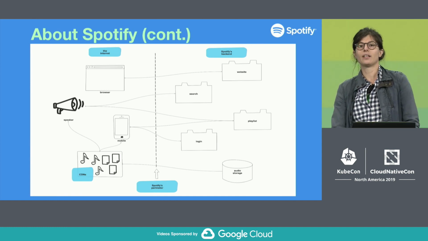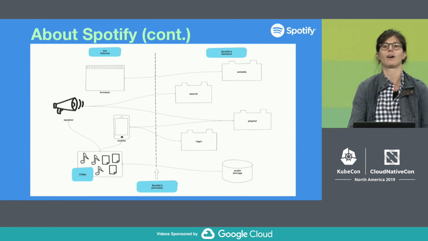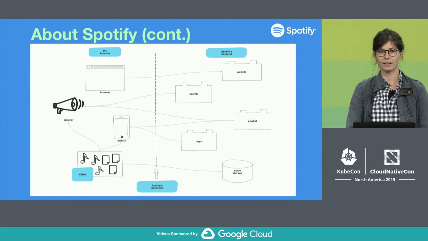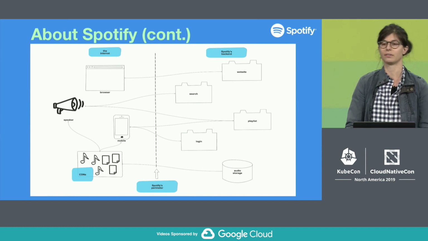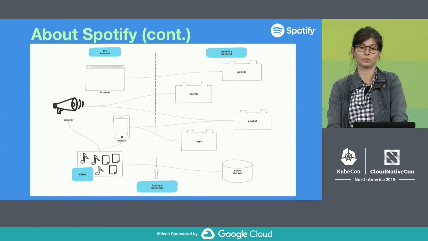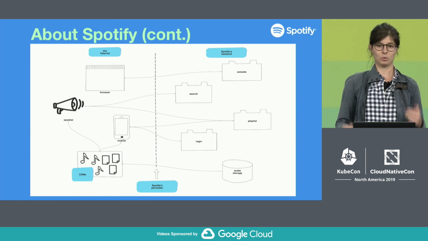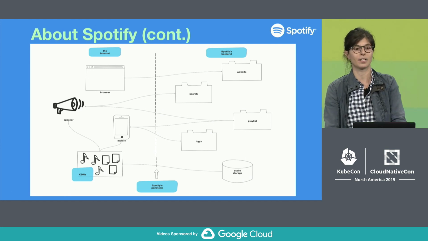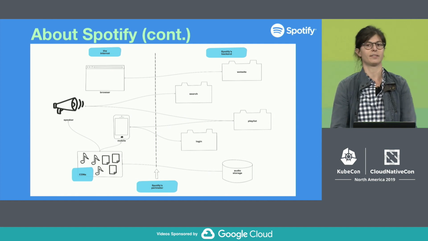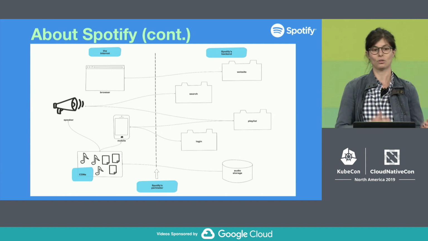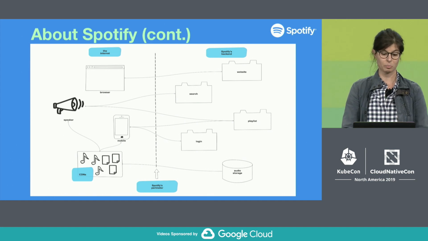On the right-hand side of this diagram, you can see Spotify's backend. And like I just said, it's made up of many services. Of course, some of these services, like, for instance, the login service or search or playlist, have to be exposed to the public internet so that your smartphone or whatever other device out there can actually talk to these services when you're using Spotify.